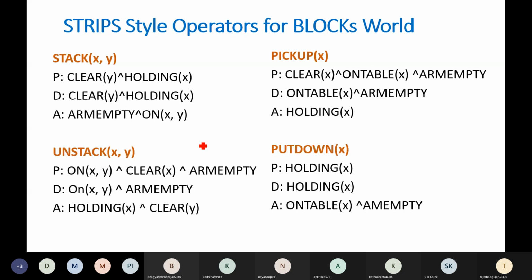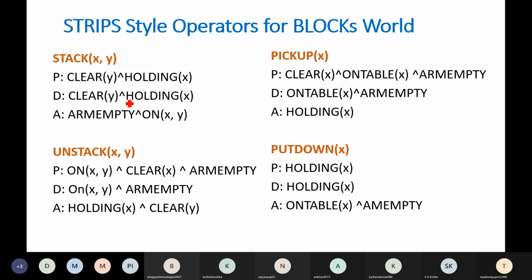In the last lecture we discussed stack XY. This operation stacks block X on block Y. For every operation we have defined a precondition which has to be true to perform the operation. D means delete list: after performing this operation, what set of predicates will become false.